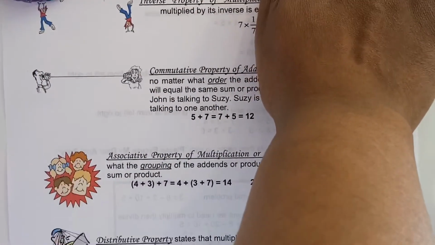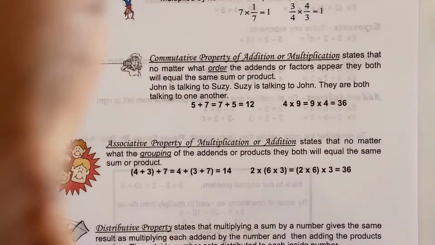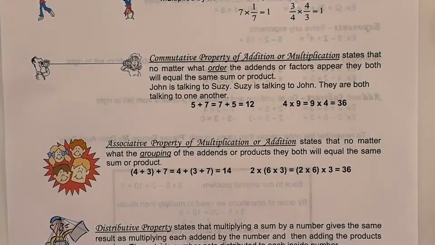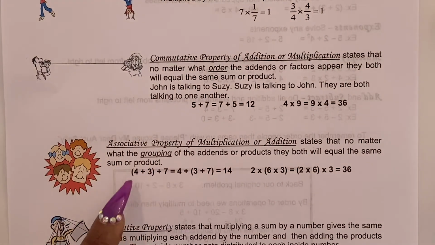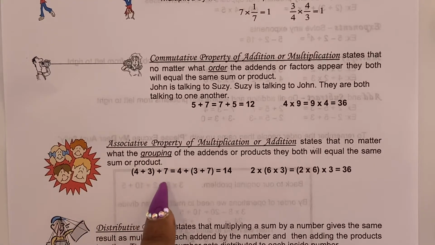And let's look at the associative property. Associative property says no matter how I group them, so we've got our parentheses, like our little hamburgers. I don't know if you can see my hands. We've got our parentheses, and no matter where I put my parentheses, the answer is going to be the same. Now, they are in the same order. We have 4 plus 3 plus 7, 4 plus 3 plus 7.